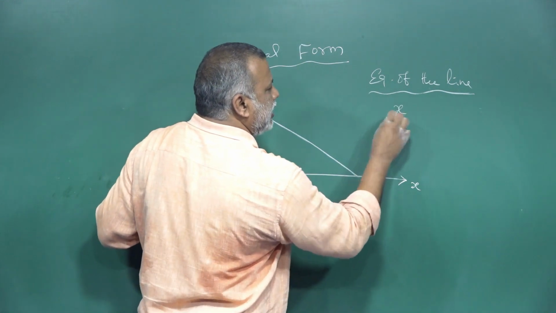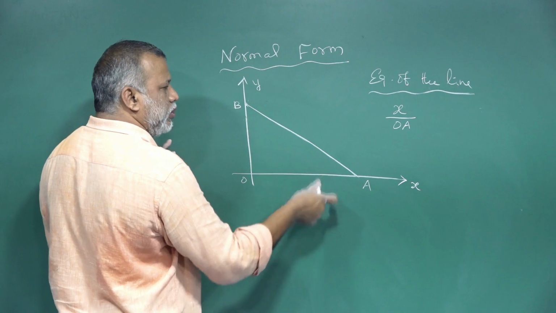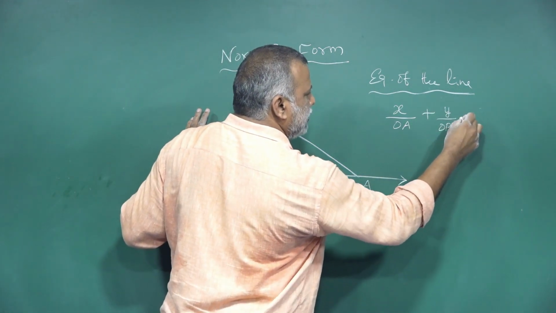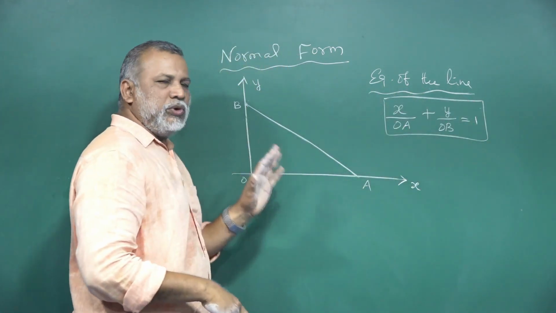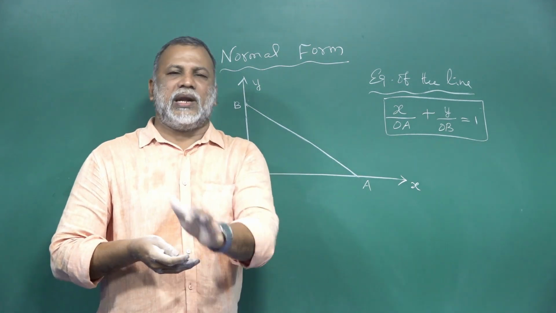So x divided by OA plus y divided by OB equals 1. Up to this level it is a well-known explanation from your lower classes.